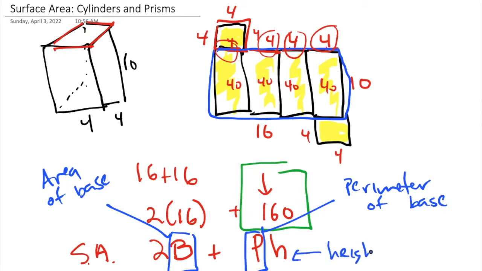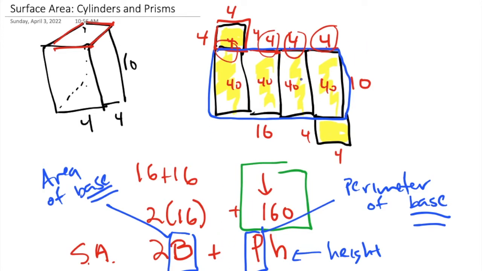So we can remember that the P stands for perimeter, but not just perimeter, but perimeter of the base, and that the capital B stands for not just area, because there's many shapes, but area of the base, we can actually apply this to prisms and cylinders. So other prisms will work the same way. We can get the area of the base times 2 plus the perimeter of the base times the height.